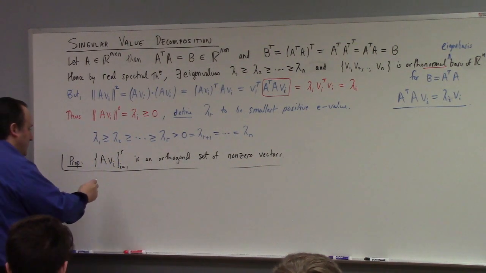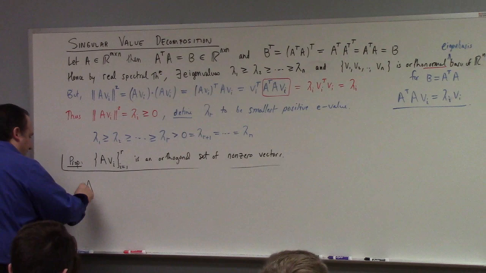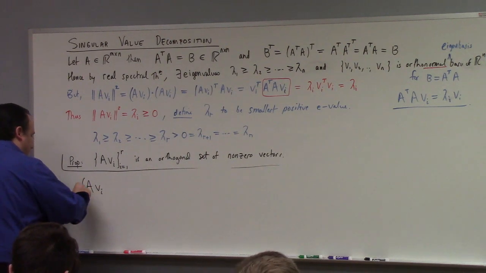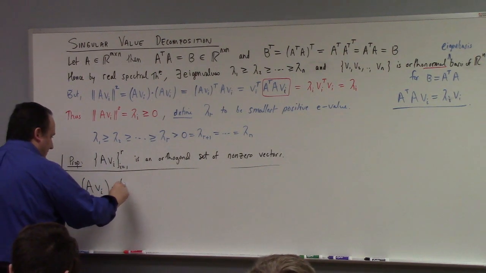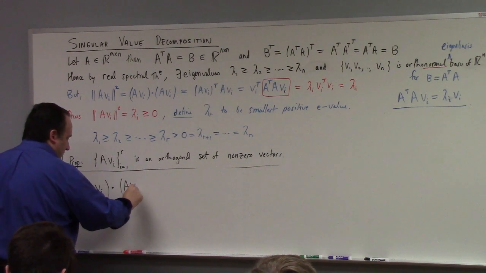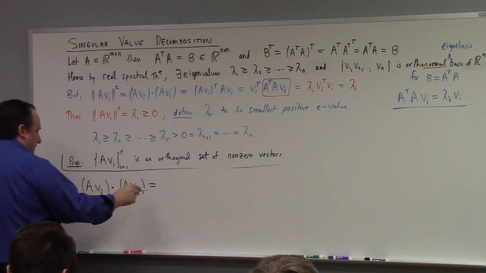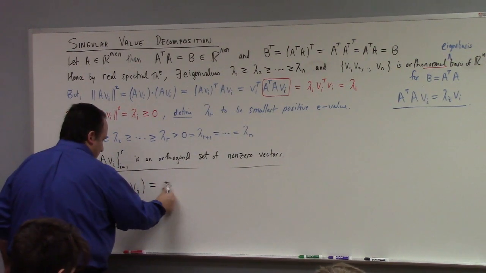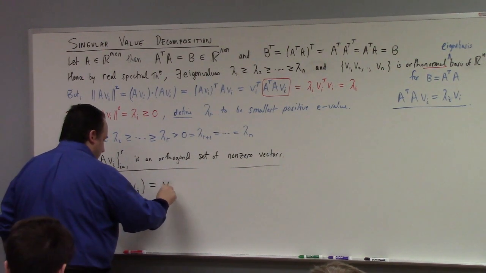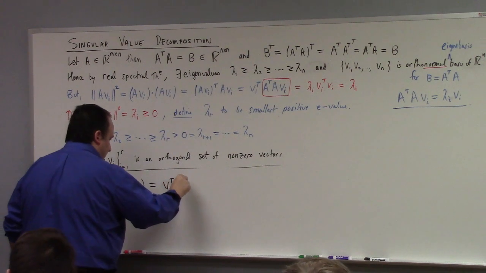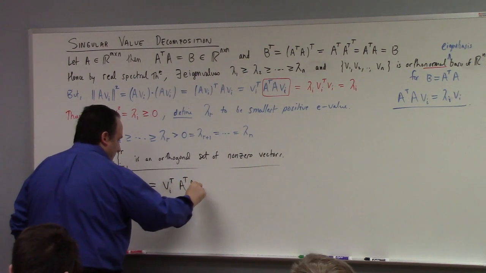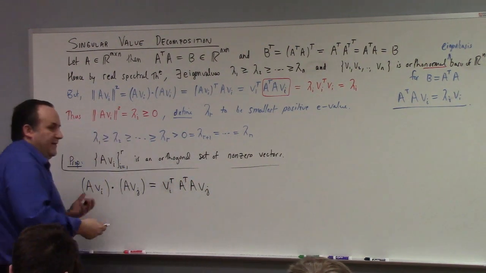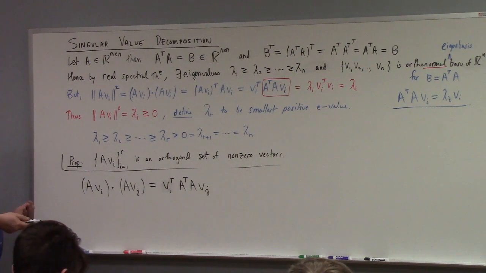So to prove that it's orthogonal, I have to look at A v i dot product with A v j. But what's that work out to? That works out to, my bad, v i transpose A transpose A v j, right? But remember, v j is an eigenvector with eigenvalue lambda j.